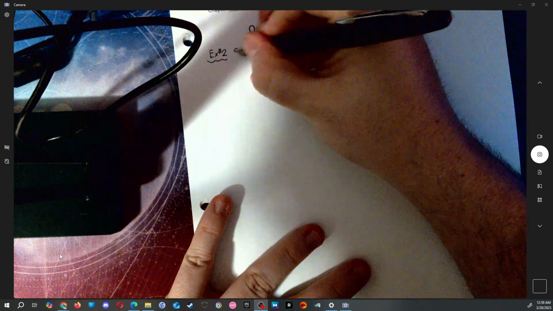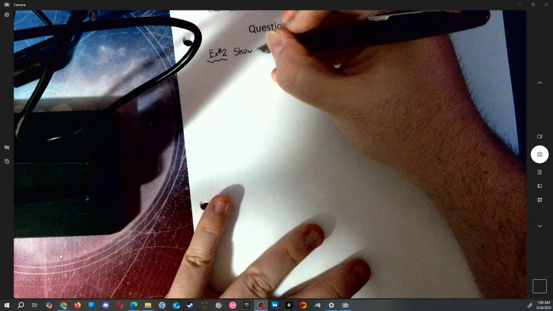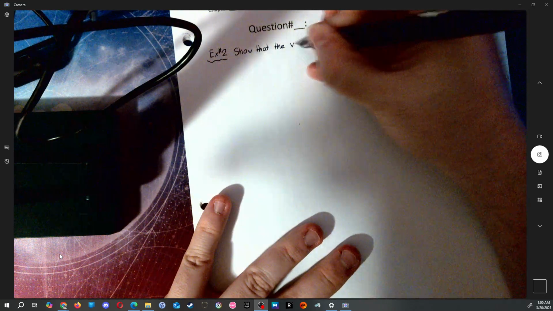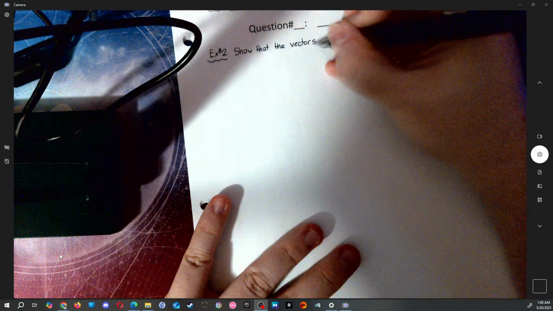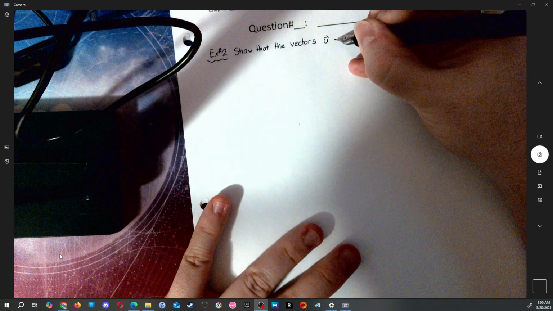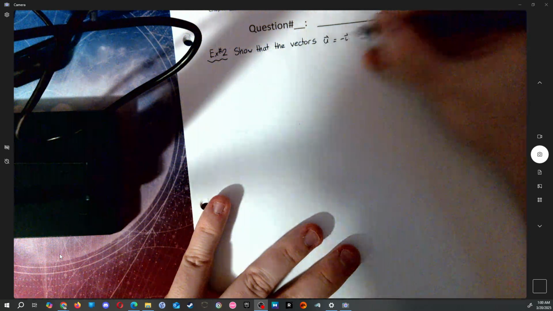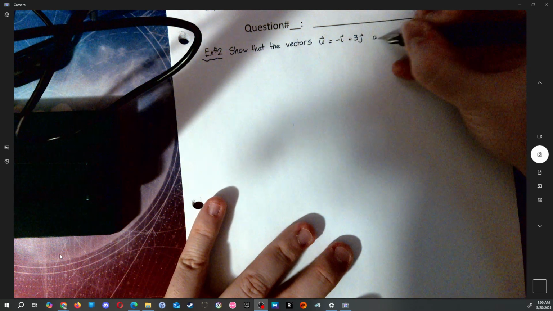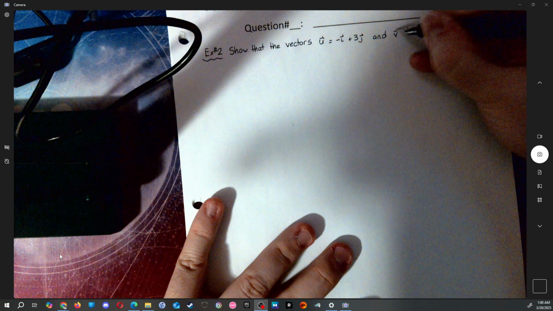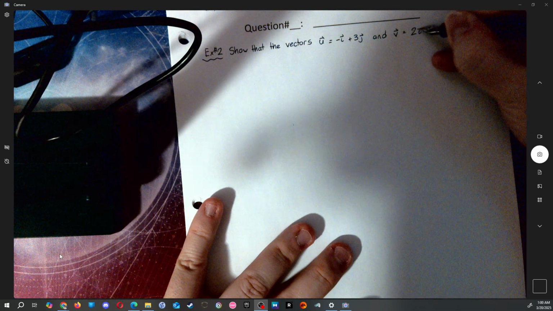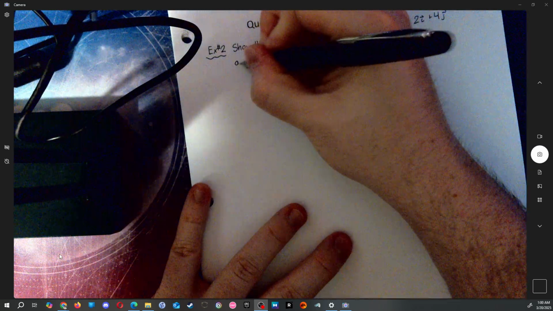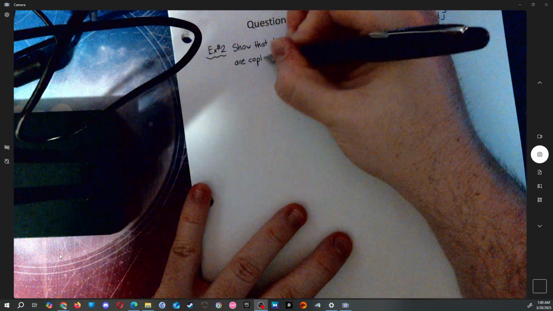So show that the vectors u is equal to minus i plus 3j and v is equal to 2i plus 4j are coplanar.